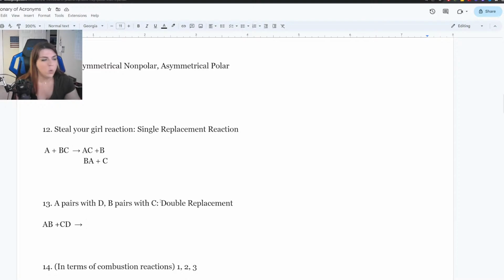So A and C don't want to pair up because they're both positive. A is already paired with B, but is trying to have a reaction, so it doesn't want to be with B anymore. Now it wants to be with D. So it's going to give us AD. And then we always write the positive thing first, so CB will be the next pairing.